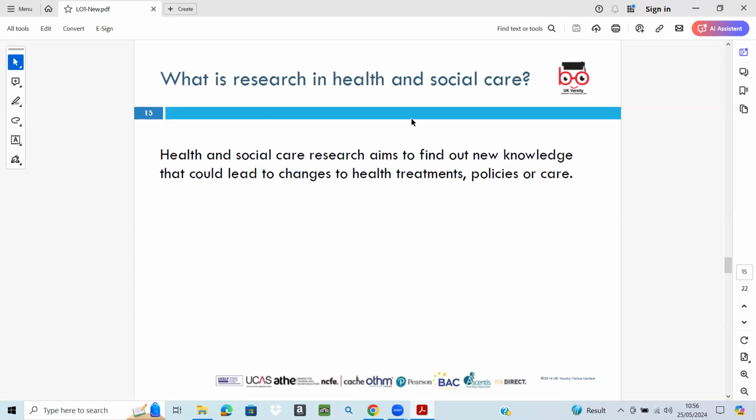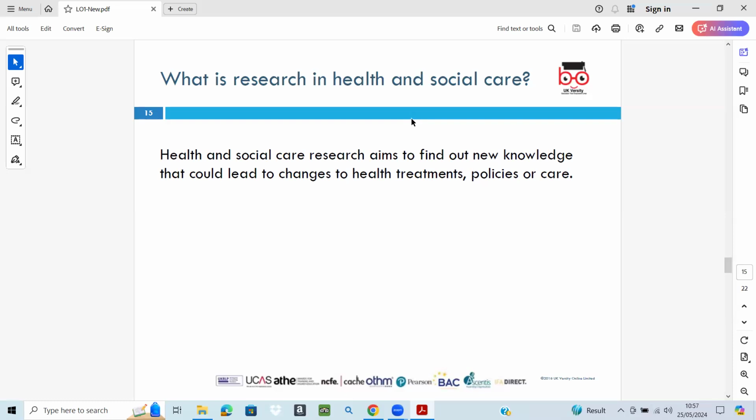A few of the important aspects: we discuss evidence-based practice, improving patient outcomes, policy development, preventive health measures, innovation and progress, and health equity and access.